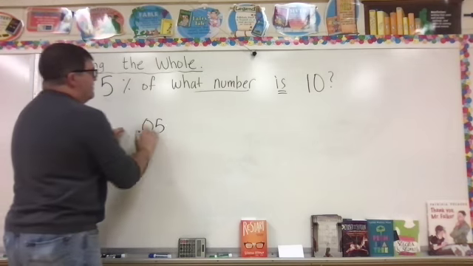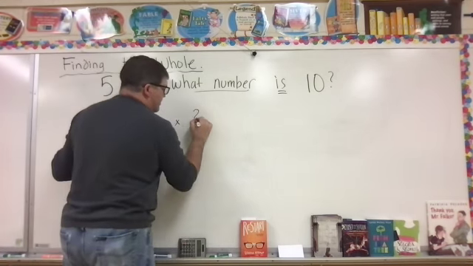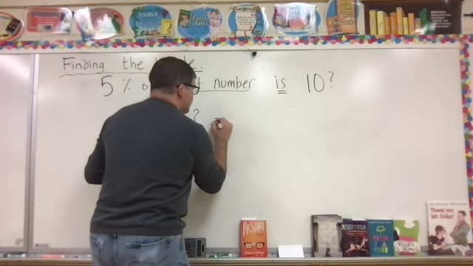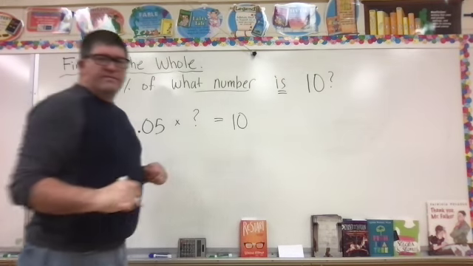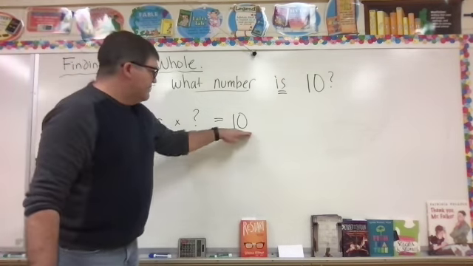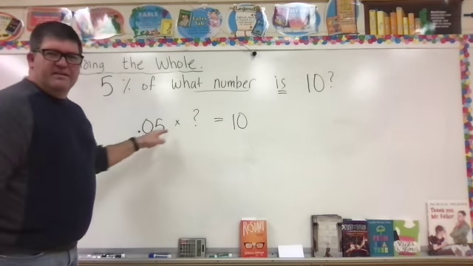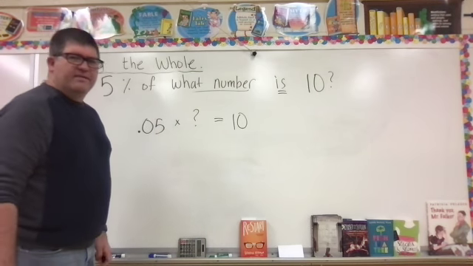So 0.05 of, which is times, what number, that's the question mark, is, means equal, and I know what it is, it's 10. I know the answer to this question is 10. I just don't know all the parts to this part of it.